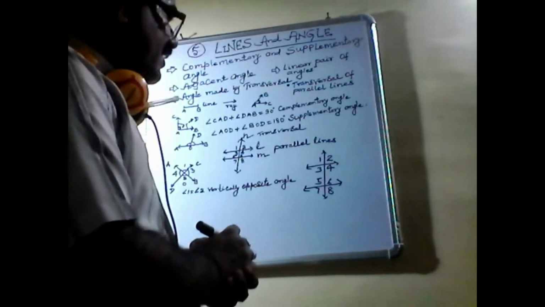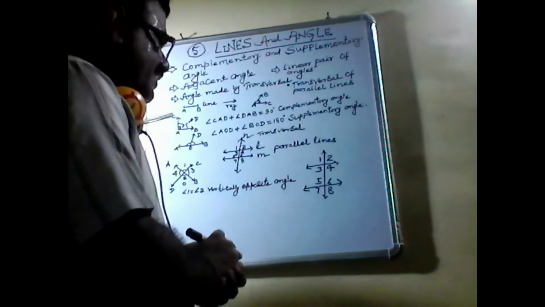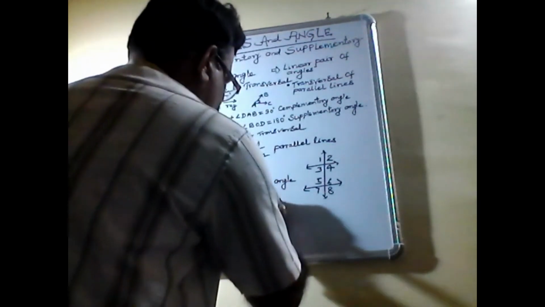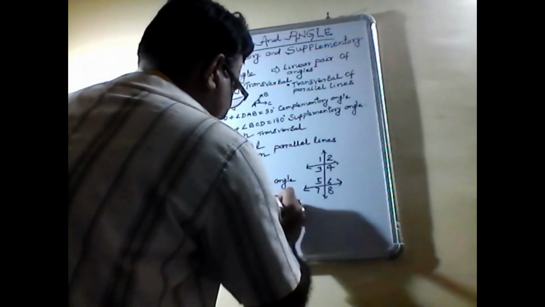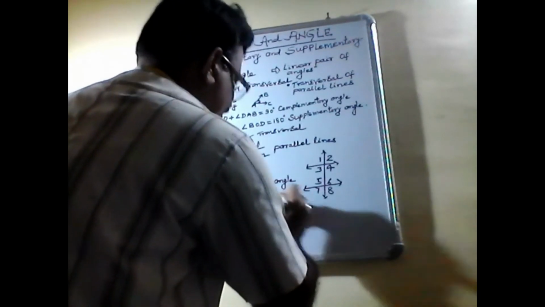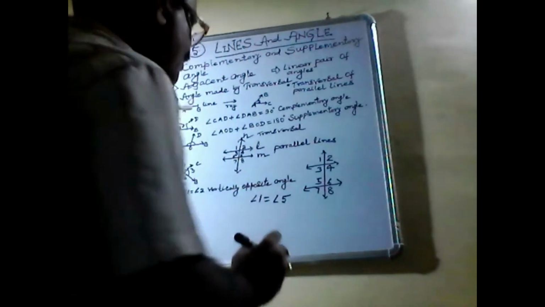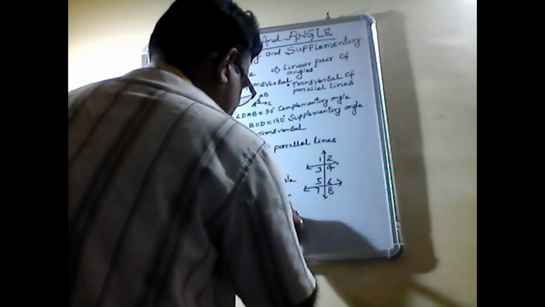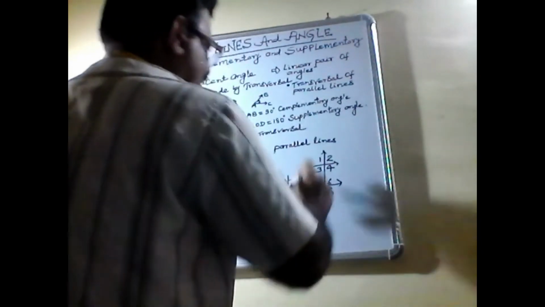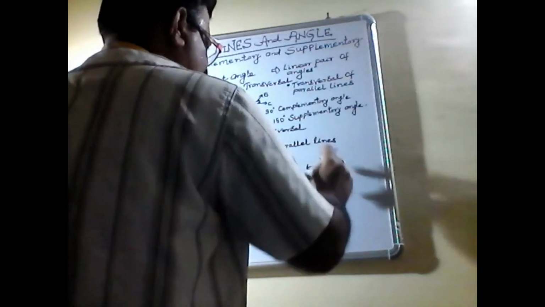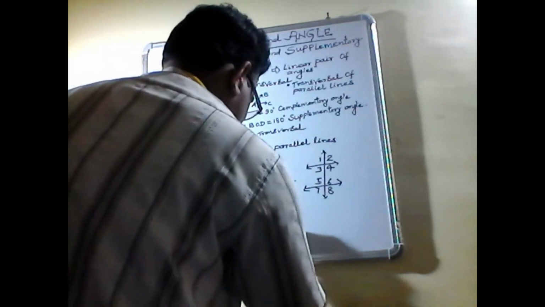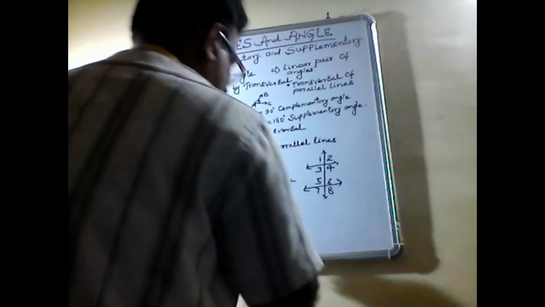Similarly, think of the other cases. Suppose angle 1 and angle 5, angle 2 and angle 6, that is 1 and 5, 2 and 6, 3 and 7, and 4 and 8.